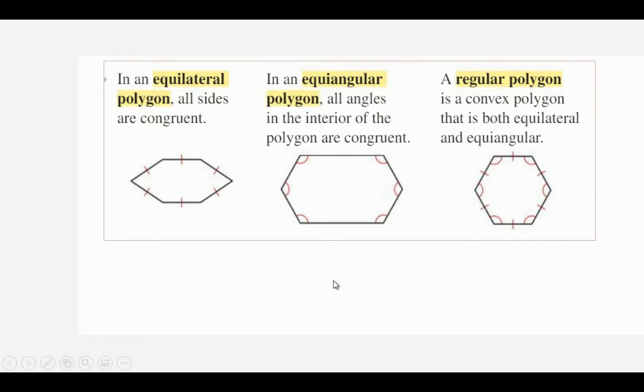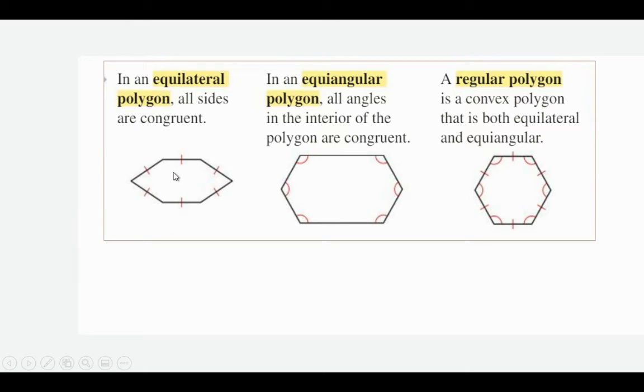All right, next, some vocabulary. This is one example where we call something equilateral, like an equilateral triangle. This is where all sides are congruent. Lateral refers to sides. In an equiangular polygon, all angles are the same. We see that because of the symbols inside. All sides are congruent because we see congruency marks.